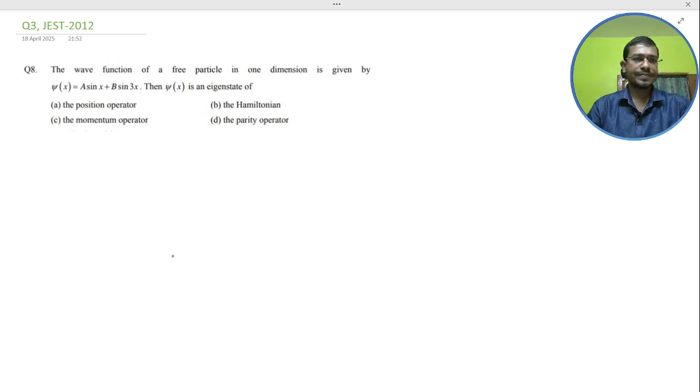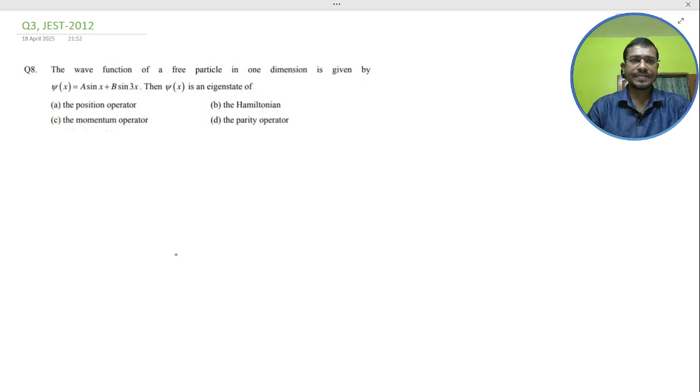number 3, question from JEST. The wave function of a free particle in one dimension is given by psi x equal to a sin x plus b sin 3x.